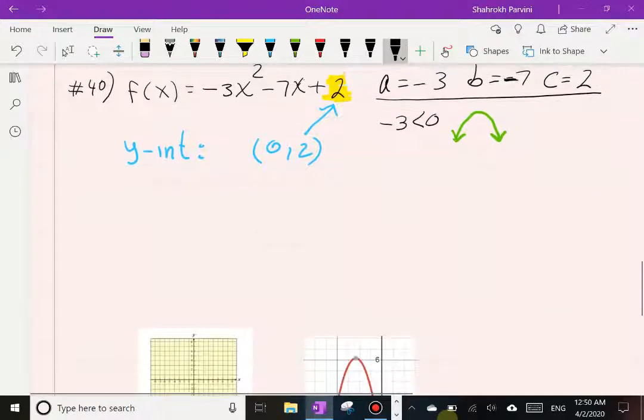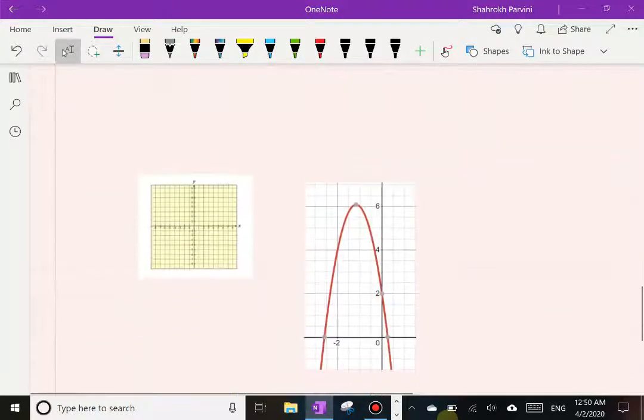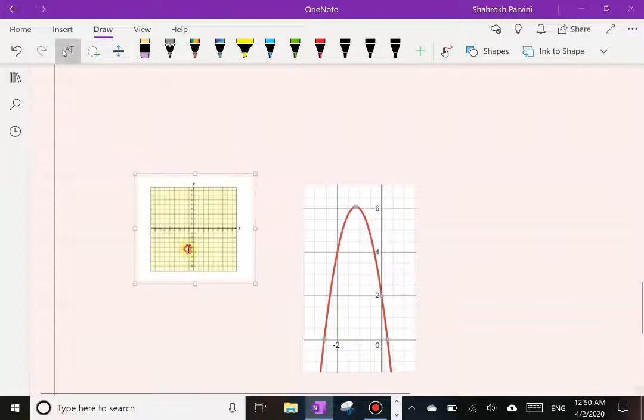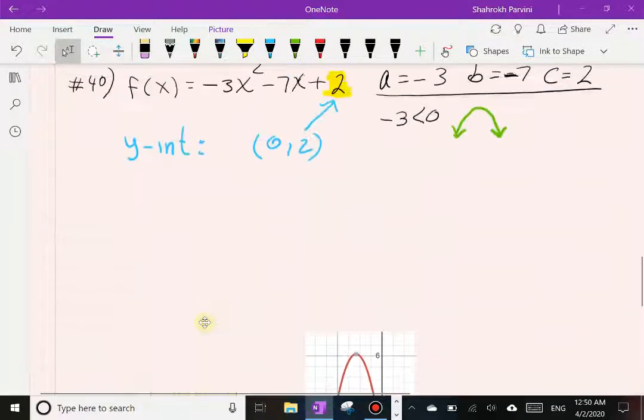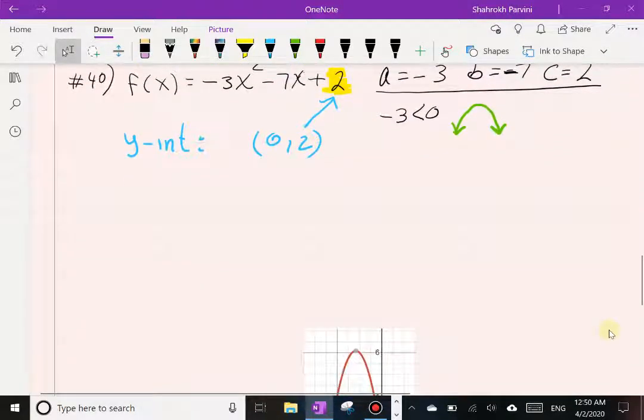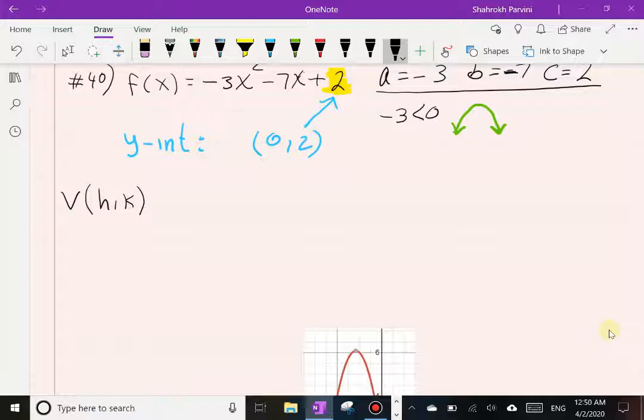Now, next, what do we need? Of course, we need the vertex. So let me move this down, and we work towards the vertex now. The vertex, which is at (h, k), remember our h is given by h equals -b over 2a.